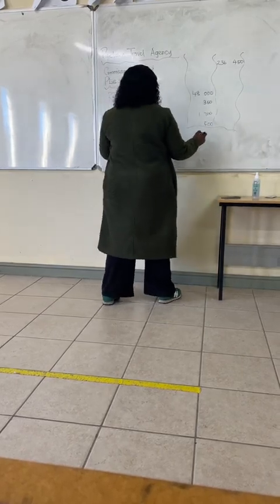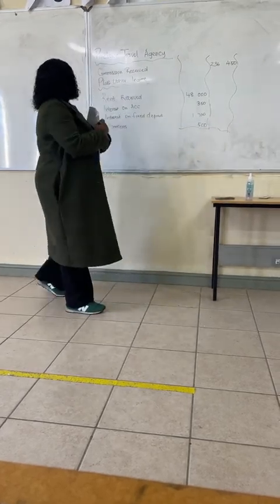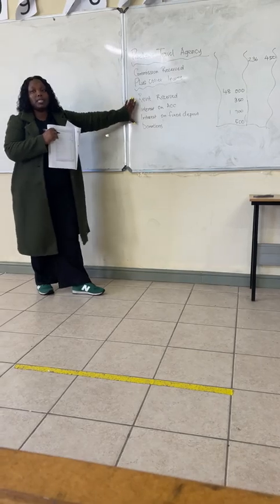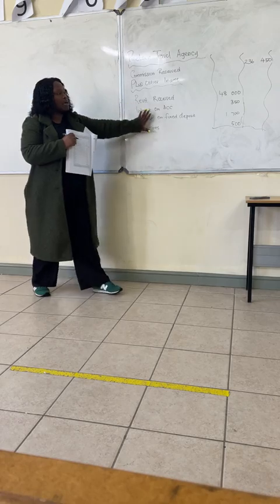Now at the end, we need to do our totals. To do the total, we first add all the income that we received. How much is the income that we have received? Please add all of this together.